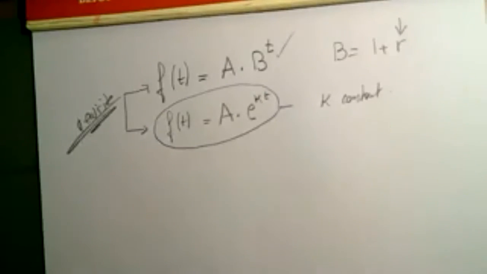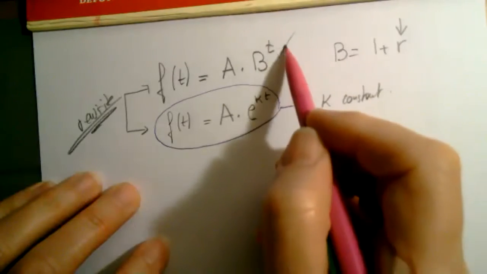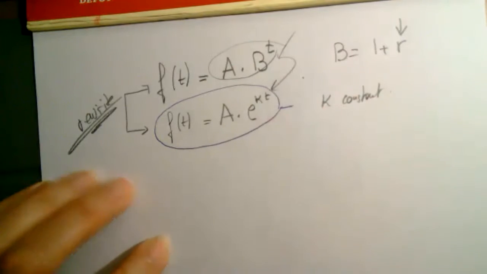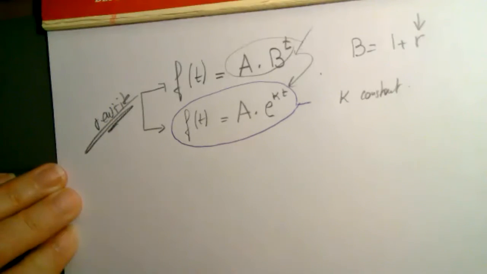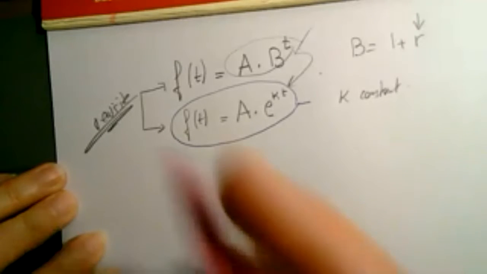So the question is, how can I turn something like that into something like this? I will elaborate by an example, and then we find the rule.